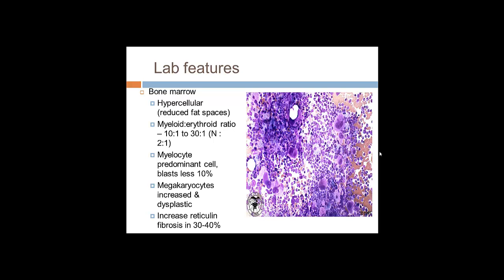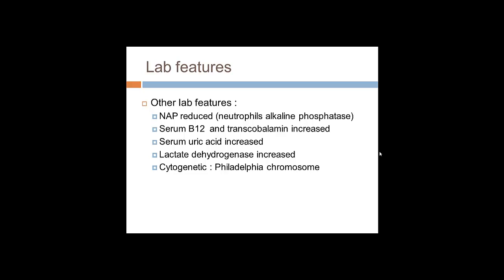Increased reticulin fibrosis is seen in 30 to 40%. Other lab features: neutrophil alkaline phosphatase is reduced, serum B12 and transcobalamin are increased, serum uric acid is increased, lactate dehydrogenase is increased, and the cytogenetic Philadelphia chromosome is present.